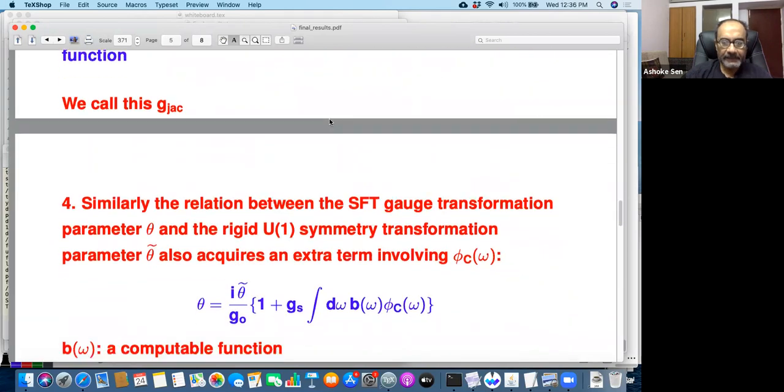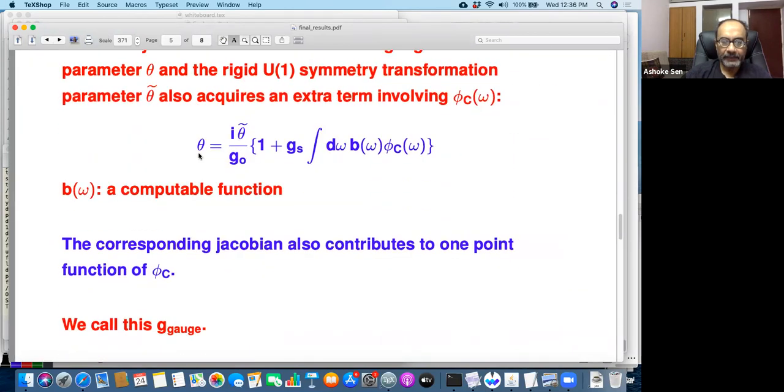And then it turns out there is a similar Jacobian coming from the relationship between theta and theta tilde. Yesterday we wrote down the simple relation, but again, detailed analysis taking care of all the divergences, this also gets modified by a term proportional to phi, the closed string tachyon field. And this is again a computable function, v of omega.